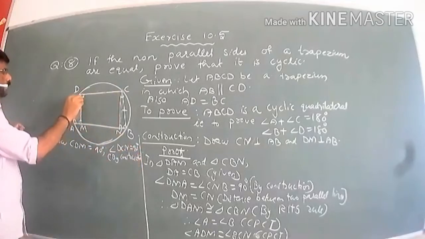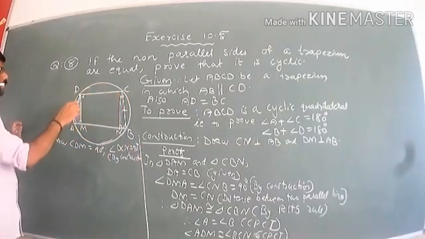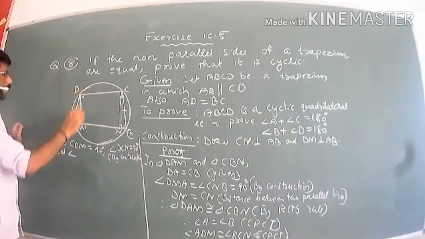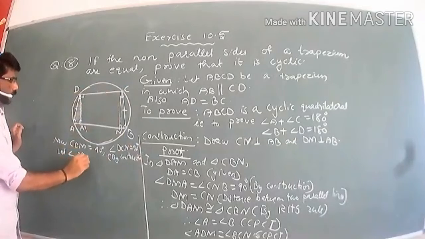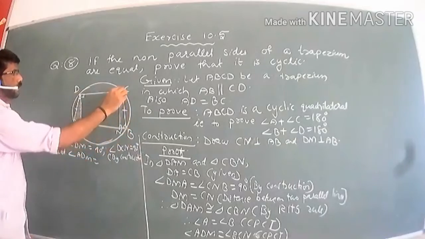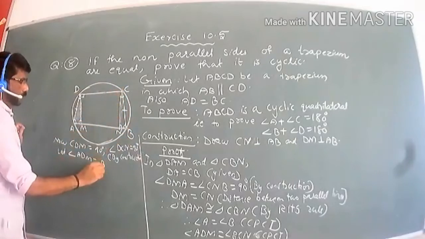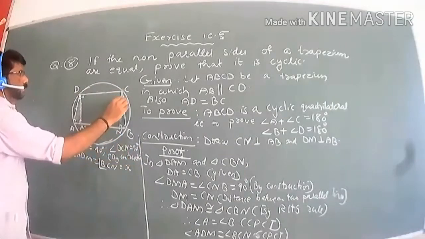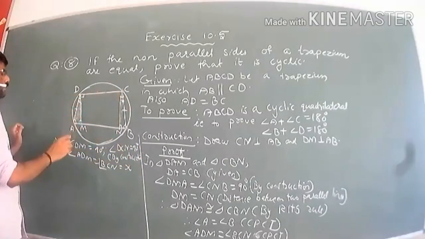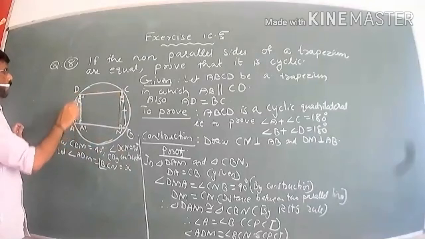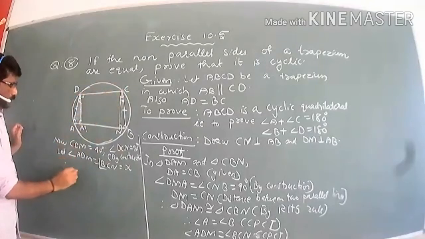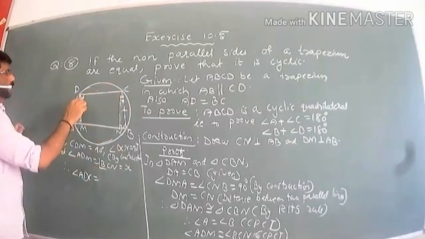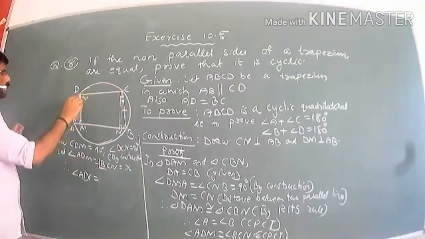Let us consider these two angles X. We have proved them, they are equal. So let angle ADM is equal to angle BCN is equal to X. Here these two are X. Therefore angle ADC is equal to 90 plus X, since here it is 90 degree.